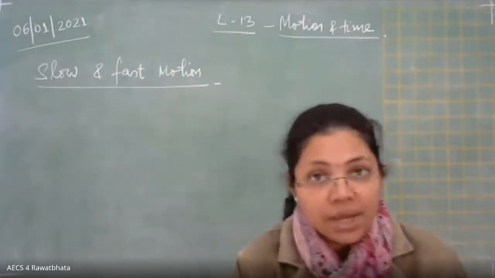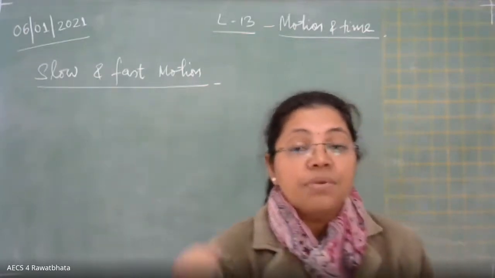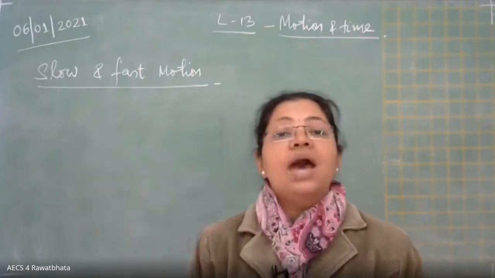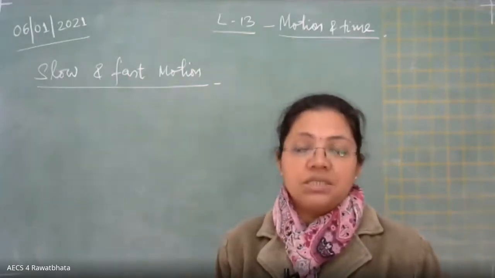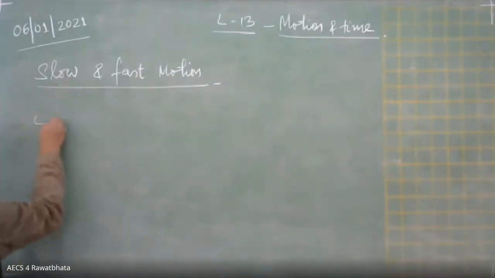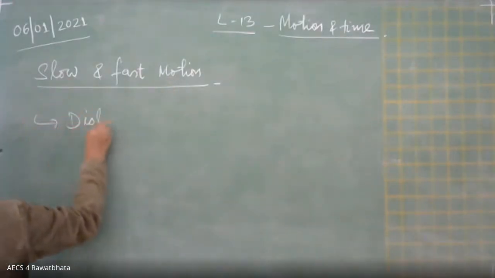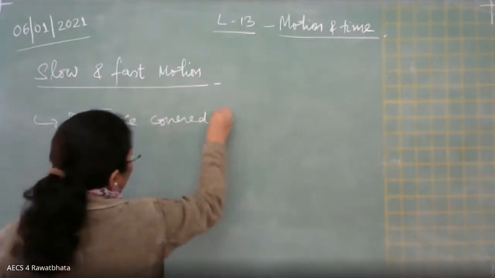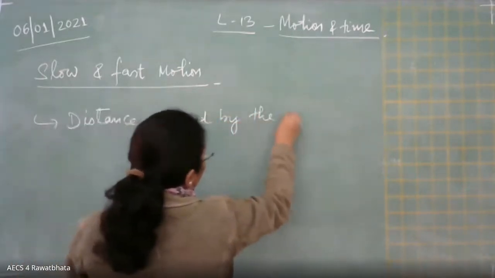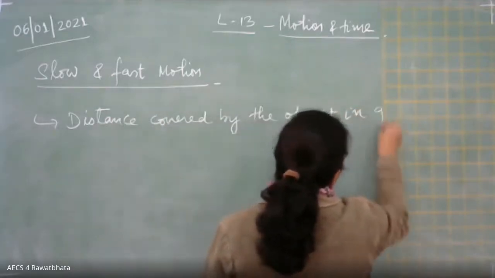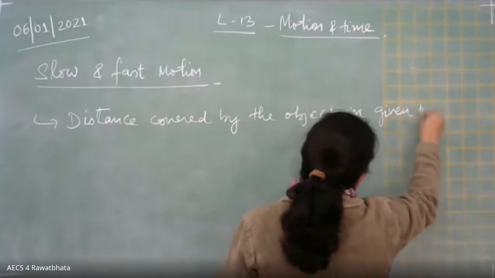Okay, now it means that if bodies move in opposite or different directions, then we require some reliable method to find out which one is moving slower and which one is moving fast. And for that, what we do, we measure the distance covered by the object in given time.